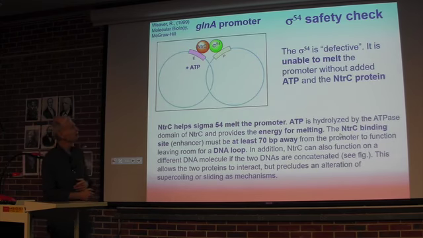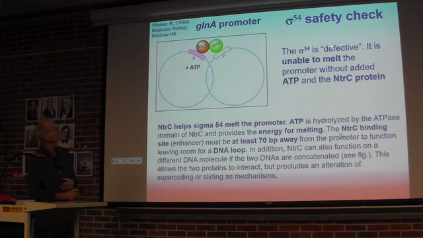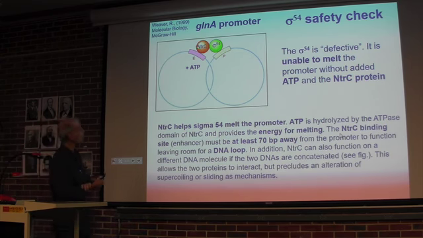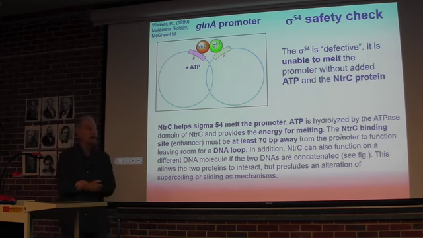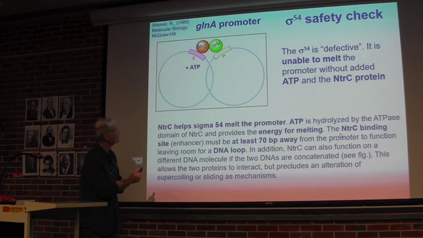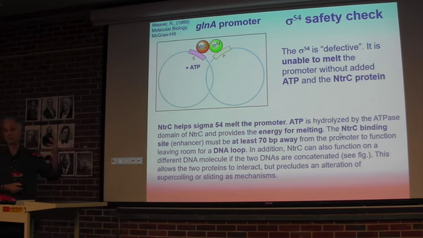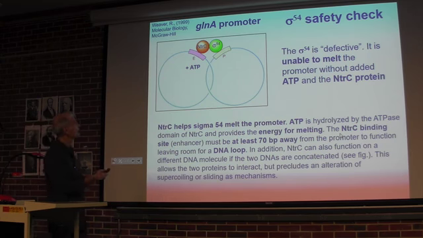So back to defective, it's unable to melt. And this is the other protein you have to know about. This is the helper protein, NTRC. I don't know what it stands for, probably nitrogen C or something. And it has its own little element that it binds. And it has affinity, it makes contact with sigma 54. And this is a strange experimental observation that's not completely explained.